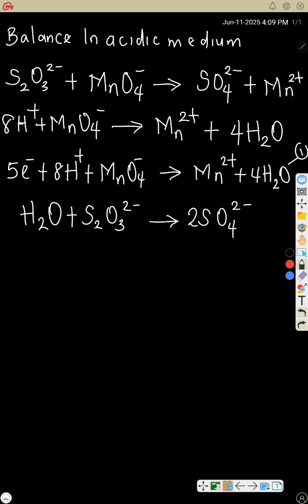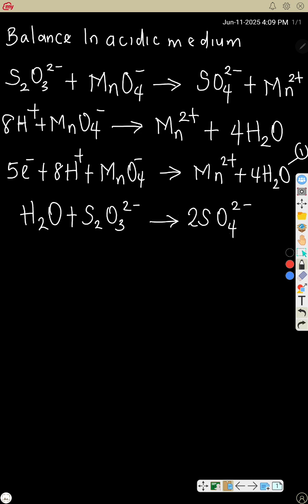Now, when you balance the sulfur that you put 2 here, that's where you miss out. If you have 2 here, remember the 2 is now here at the back, so that 2 is affecting this. That is, the number of oxygen I have here now is 2 times 4, 8.